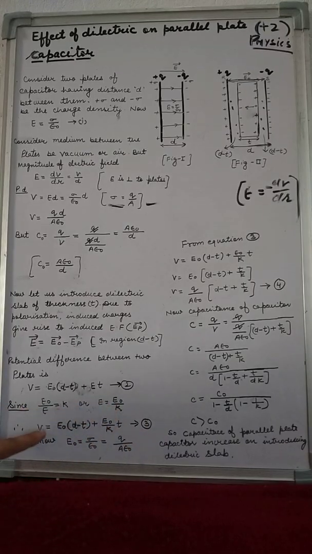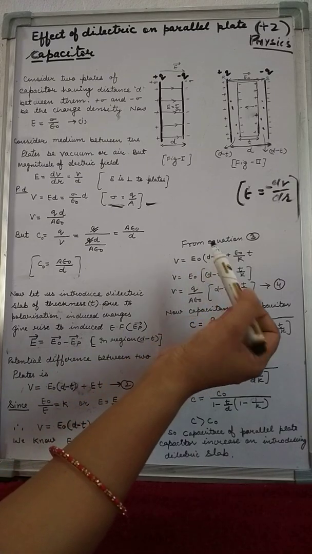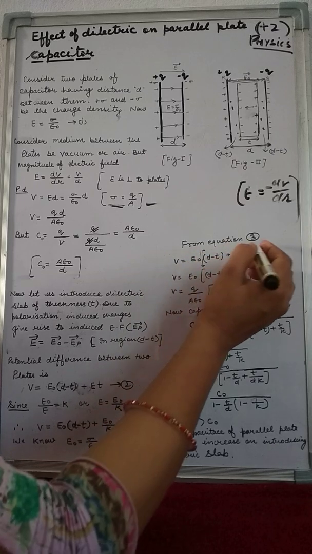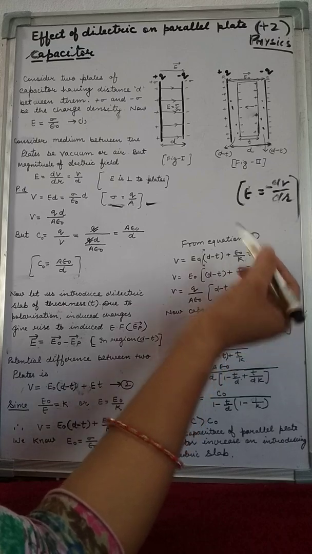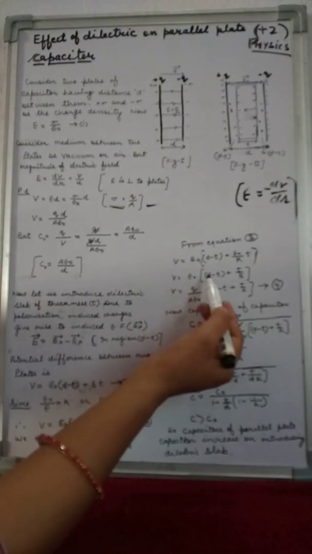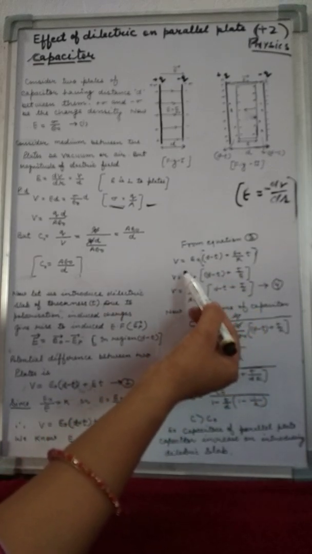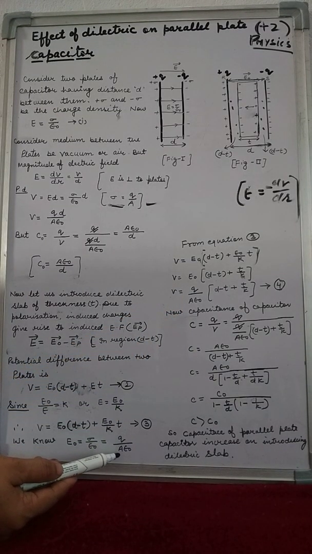From equation 3, E naught is common, so we can take E naught common from these two equations. We get V is equal to E naught into D minus T plus T upon K. Put the value of E naught here: E naught is equal to Q upon A epsilon naught.